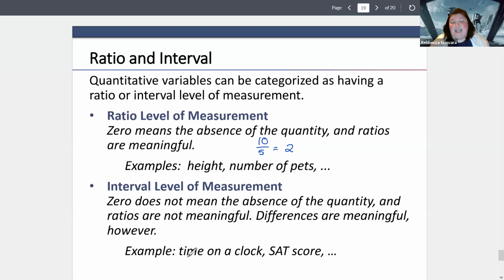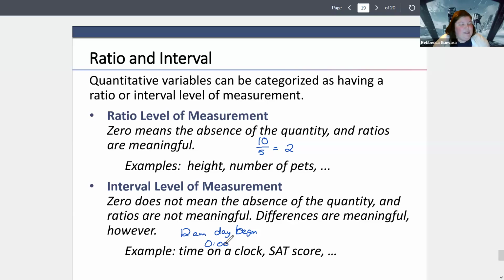So examples of this would be like time on a clock. So we say our day begins at midnight, and if you did this in military time, this is 0 hundred hours.